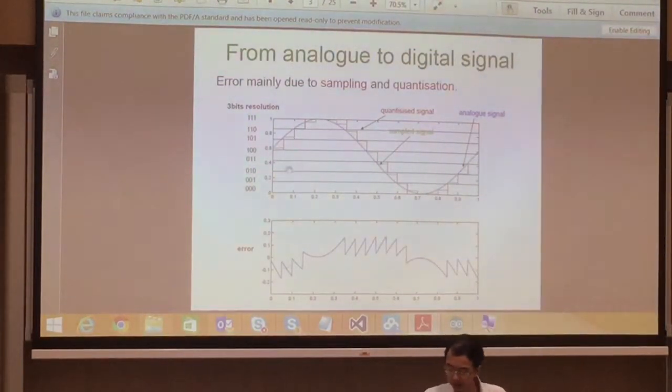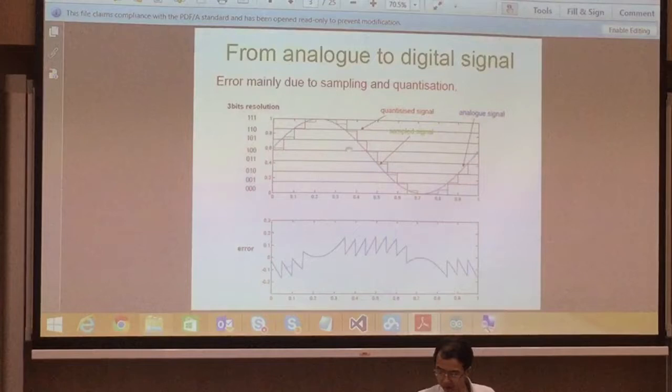But if you look at your digital output, now you will have this kind of waveform. It's not smooth anymore, because you only use 3 bits to represent the analog signal.